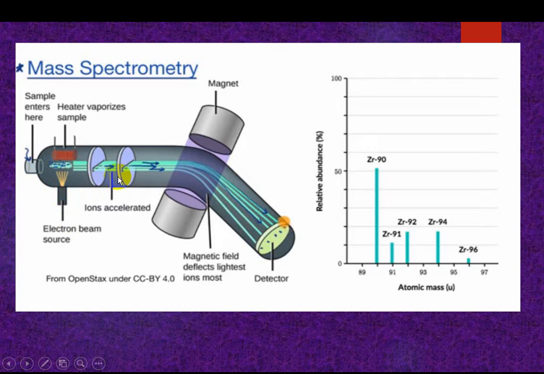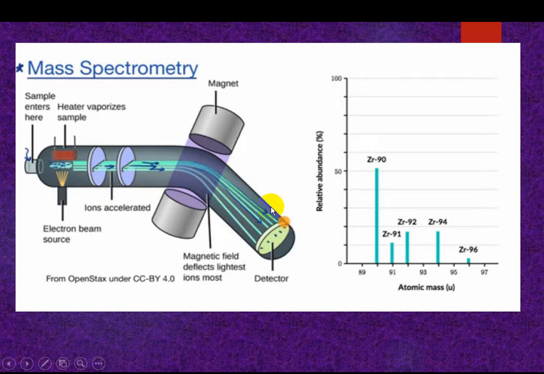Then the ions are accelerated, and here is the magnetic field. The magnetic field deflects the ions according to their mass to charge ratio. If the mass to charge ratio is low, the ions deflect more; if it is high, they deflect less.